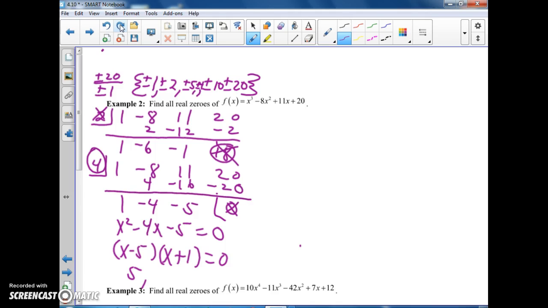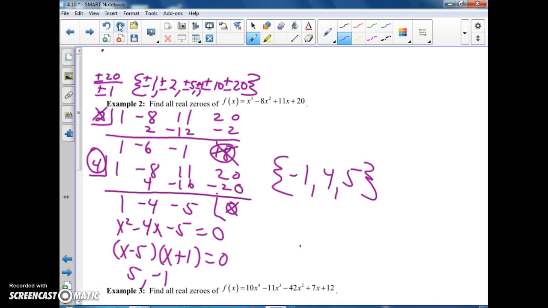So how much will my x be here? 5. 5 is a 0. How much will my x be here? -1. -1 is a 0. Oh my gosh, all I have to do is find just one of them, get it to quadratic, and break the quadratic down, and then I find my answer. So what's my answer for this? It's going to be -1 and 4 and 5, right? -1 and 4 and 5.